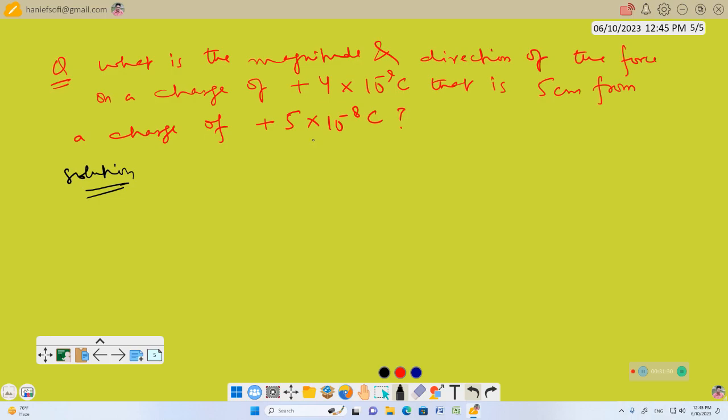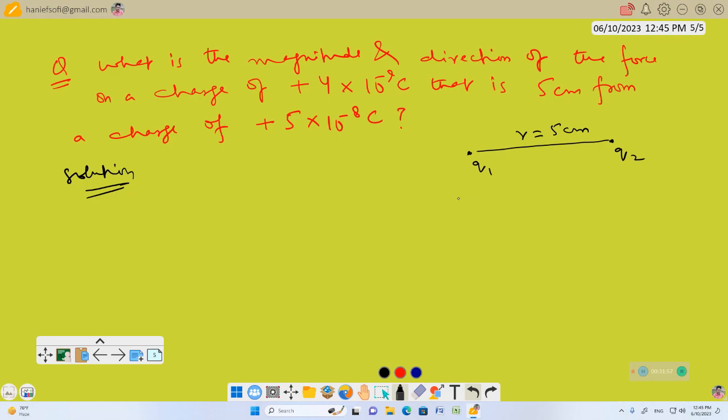So, question says what is the magnitude and direction of the force on a charge of plus 4 into 10 raised power minus 9 coulomb, that is 5 centimeter from a charge of plus 5 into 10 raised power minus 8 coulomb. So we have two charges, Q1 and Q2, and the distance between them is R, which is 5 centimeter.